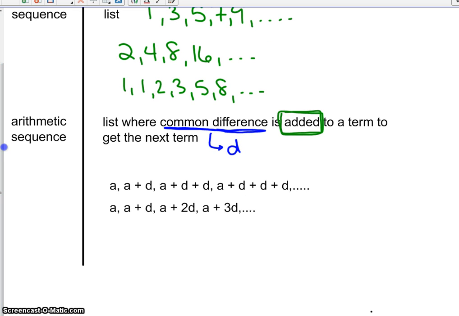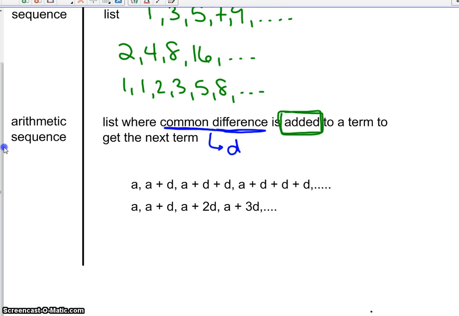Okay, and so what we're looking at doing here is I'm starting out with a, which is my first term. Now we're going to also talk about these more in terms of subscripts. Okay, so a sub 1 means I'm talking about my first term in the sequence. Then what I'm going to do is get to my second term, a sub 2, which all I'm doing is adding that common difference.